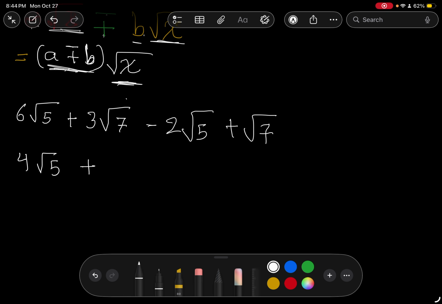Or you can solve it as grouping, as a parenthesis. 3 radical of 7 plus radical of 7, because the coefficient here is 1, is 4 radical of 7. 3 plus 1 is 4.